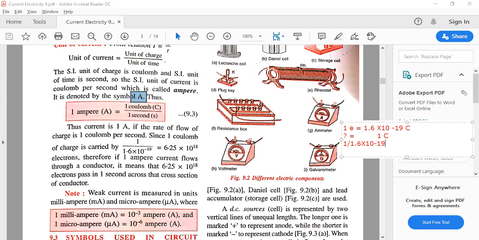When you do this, you will get the answer: 6.25 into 10 raised to 18 electrons.